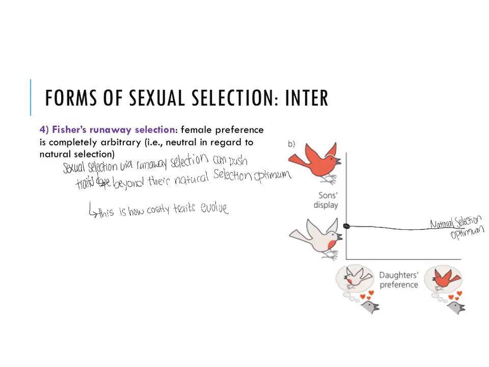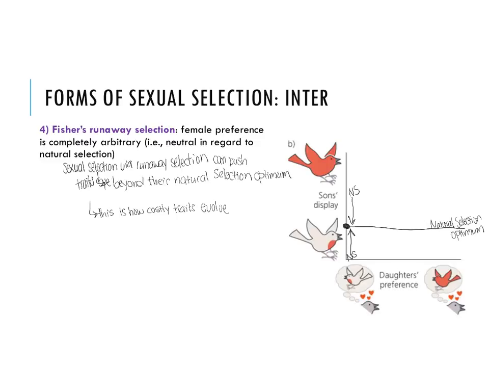Okay, so if you get above this line, NS is pushing you back. If you get below this line, natural selection is pushing you up to the line, right? This is the optimum.